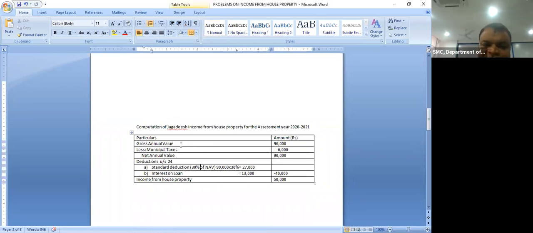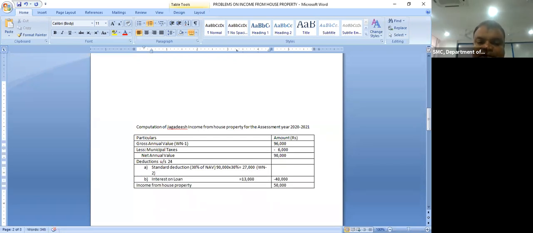If you want, you can also write how you arrived at gross annual value, as working notes 1, and this as working notes 2. This is how you are going to show or calculate the sum.